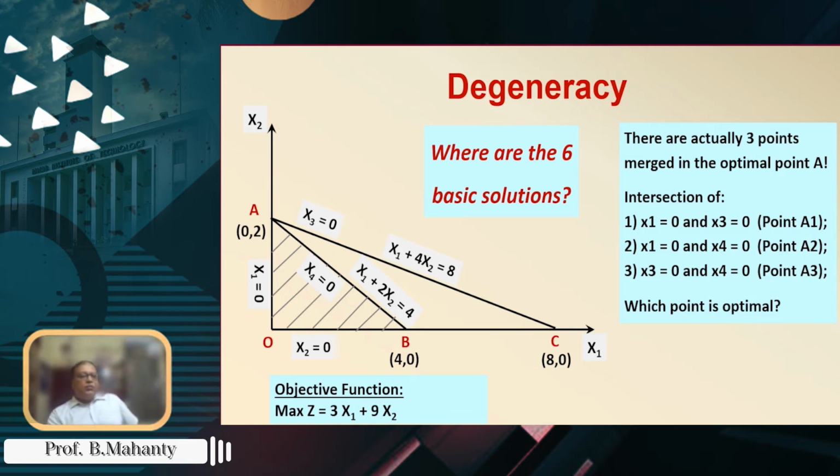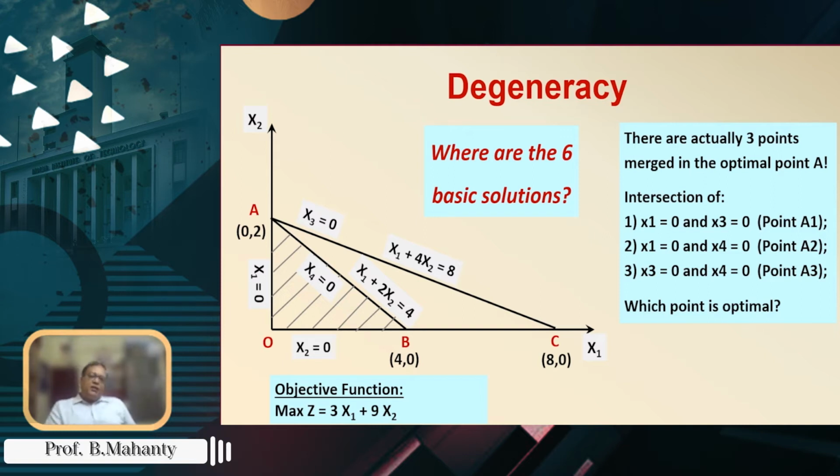So look here, we are putting two variables to 0 at a time. If you put x3 equal to 0 and x1 equal to 0, suppose we call it point A1, and then x1 equal to 0 and x4 equal to 0, so we get the point A2, and x3 equal to 0 and x4 equal to 0, so point A3.